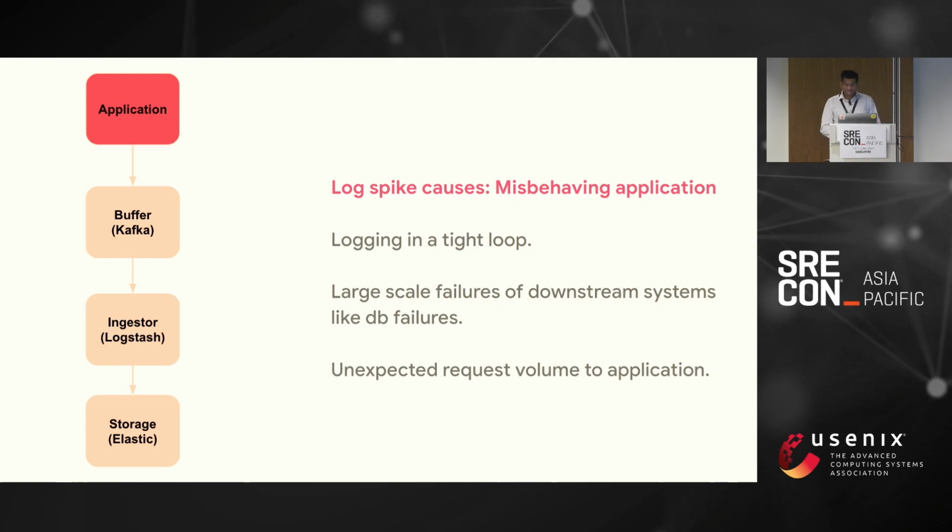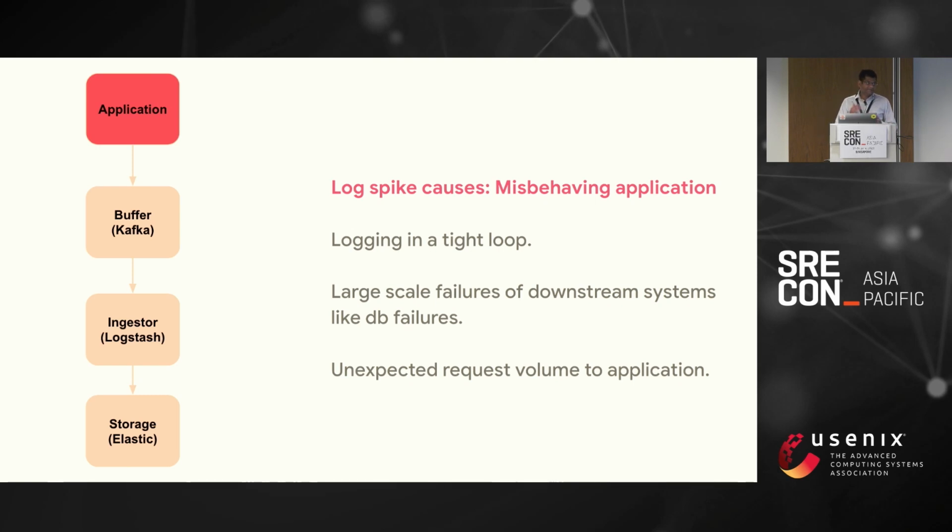The other case where you would see log spikes is when you have large-scale failures of key downstream applications. For example, at Slack and Airbnb, most of our applications talk to a MySQL database. So if the MySQL database is down, pretty much every service notices issues, and it logs 1 to 2 orders of magnitude more errors than usual.